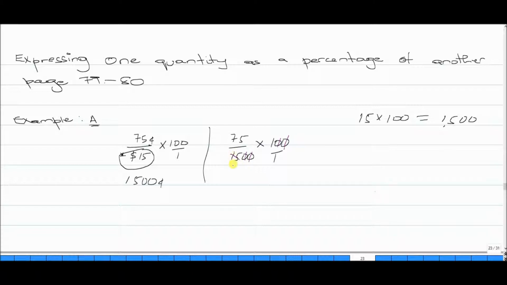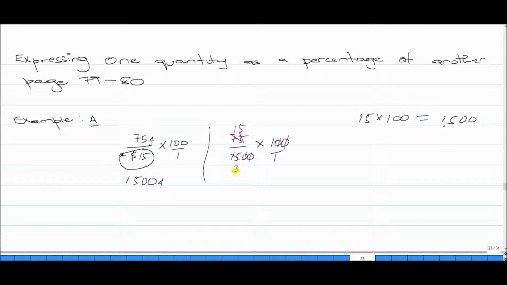So 5 could go into 15 3 times, and 5 could go into 75 15 whole times.